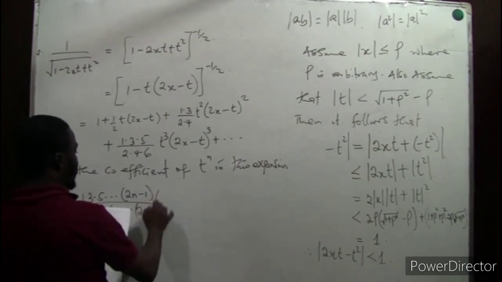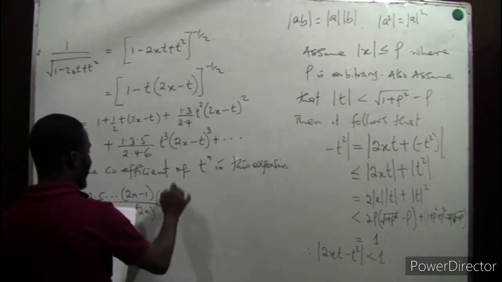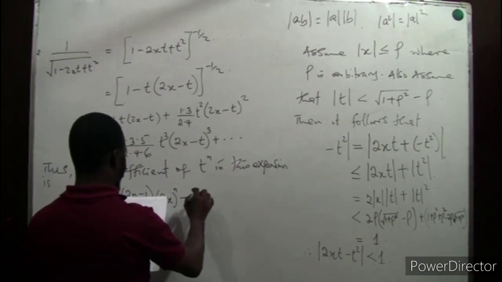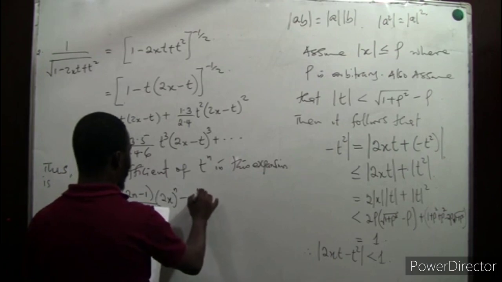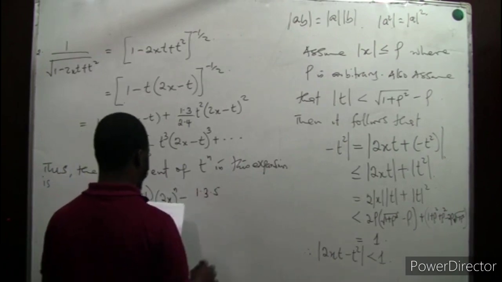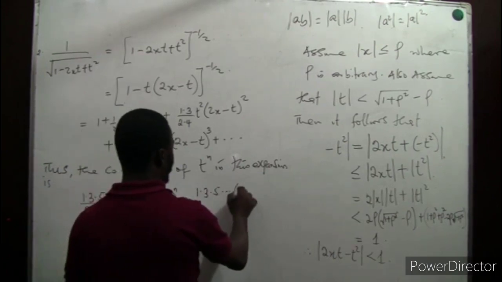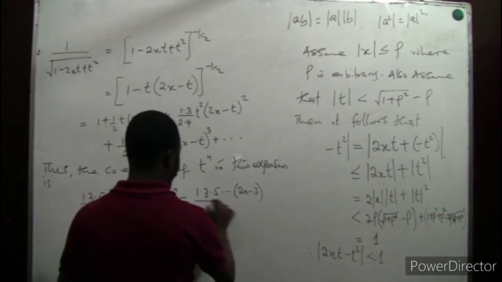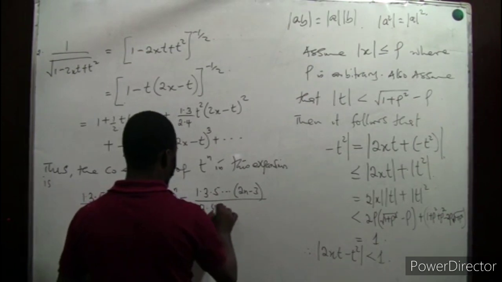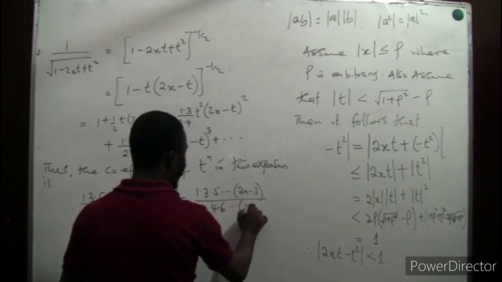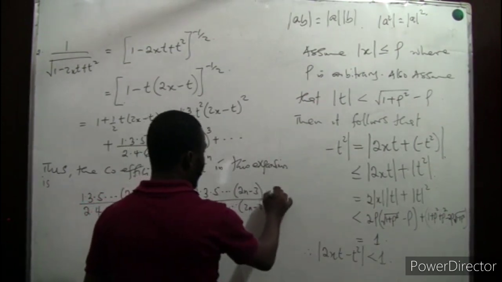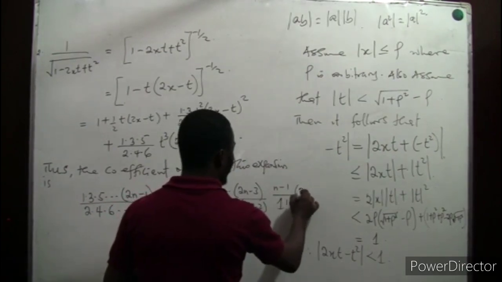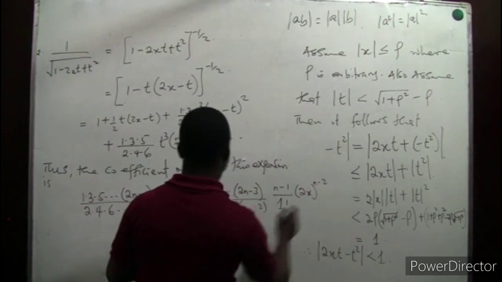Then we have (2x) raised to power n, minus 1 multiplied by 3 multiplied by 5 up to 2n minus 3, divided by 2, 4, 6, up to 2n minus 2, times n minus 1 divided by 1 factorial, times (2x) raised to power n minus 2.